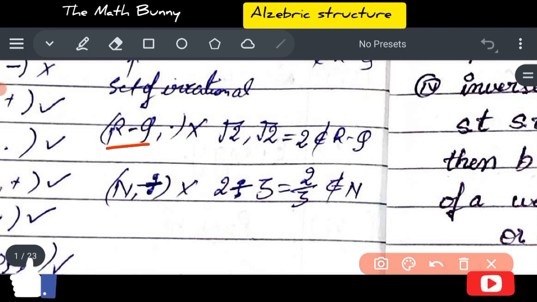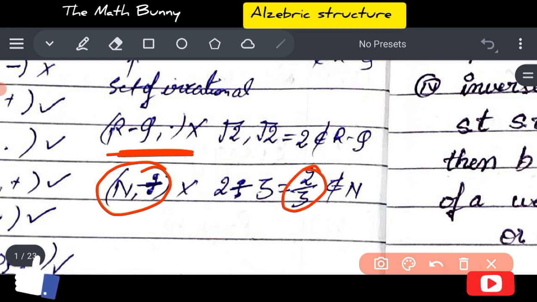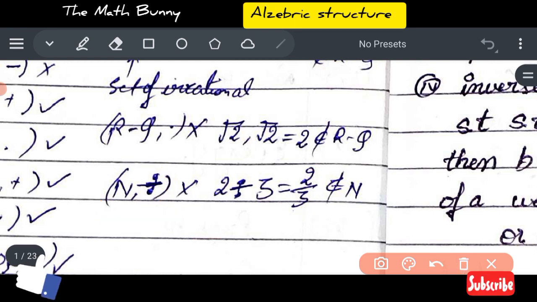As you can see here, root 2 into root 2 is 2, which does not belong to this set. So this is also not an algebraic structure. Now natural number division is also not an algebraic structure, because 2 by 3, as you can see, does not belong to N. This is not a binary operation, so this can't be an algebraic structure.